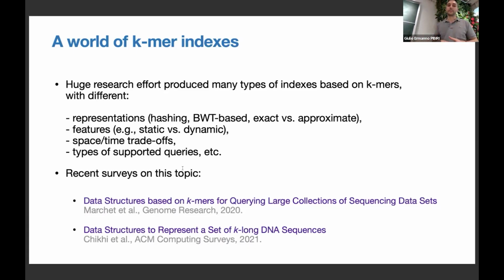So we have representations based on hashing, on BWT, and we have approximate methods. So we have, so to speak, a little bit of everything. Different features like static versus dynamic data structures. Some indices differ from others for the types of queries that they support, okay?